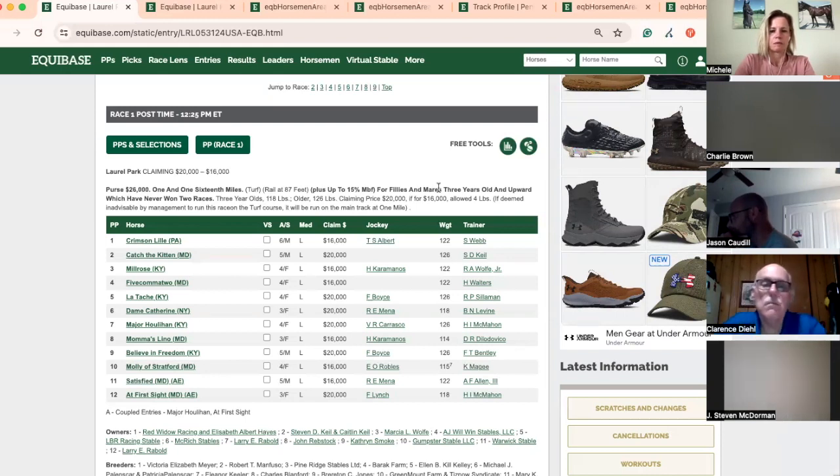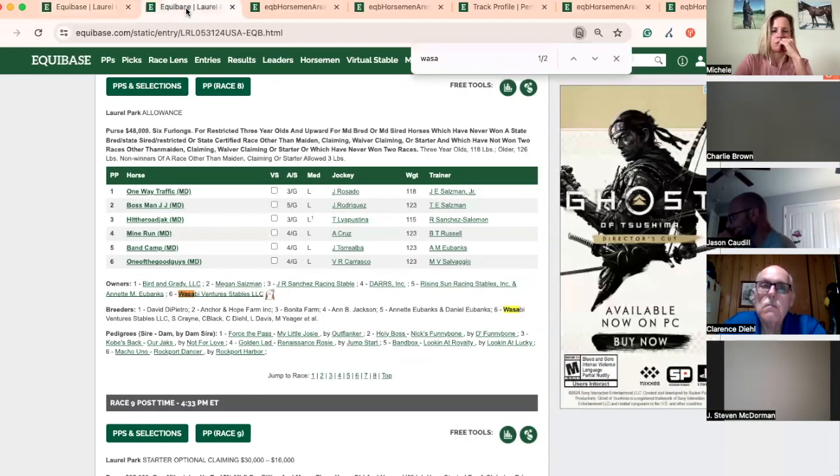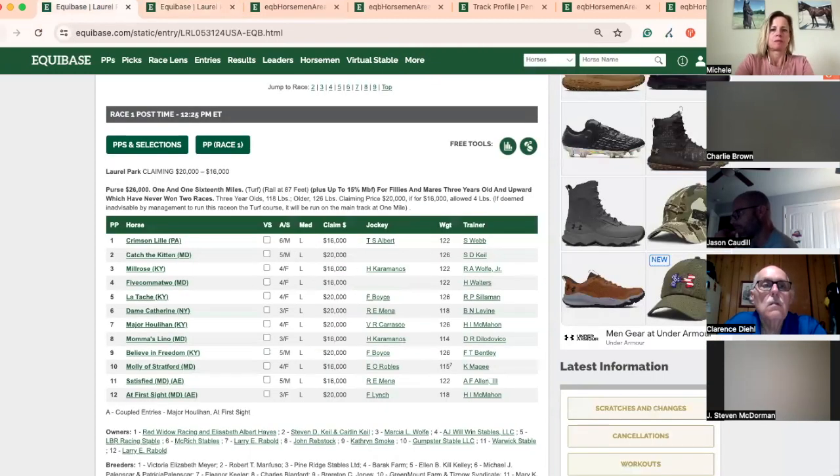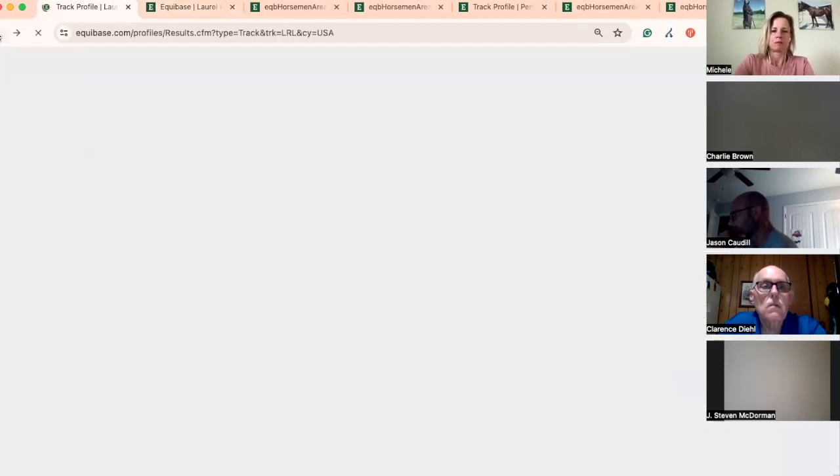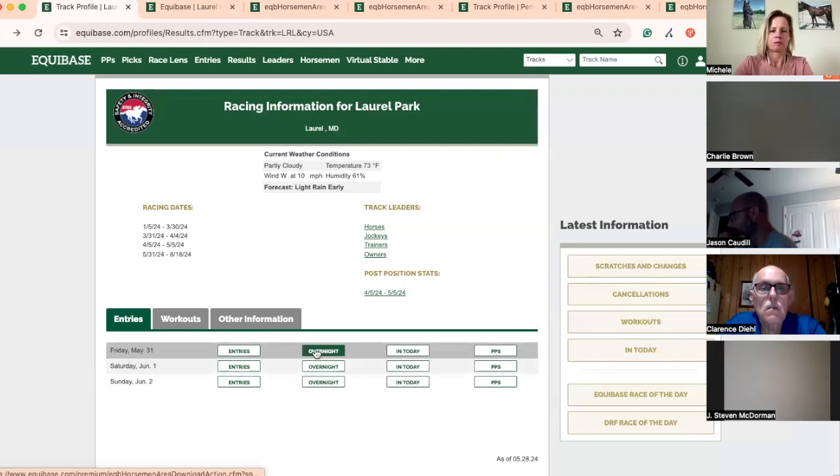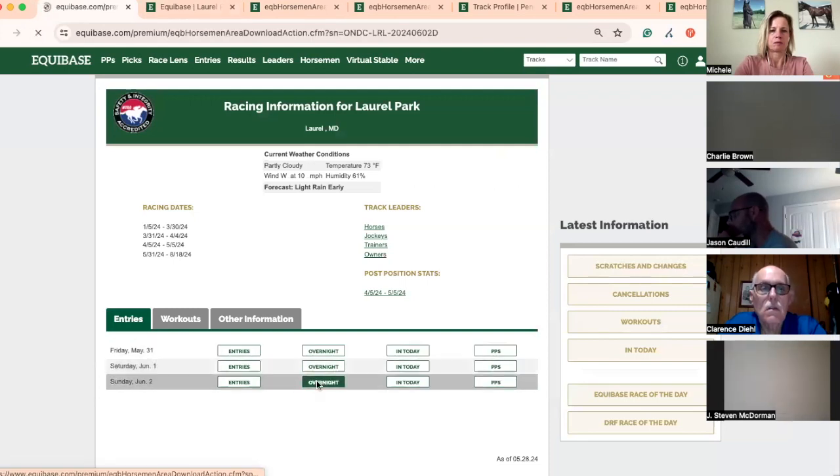Gary Quill asked, how far in advance are the overnight races posted ahead of the entry deadline? Super question, Mr. Gary. Usually, when the entries come out for a race, let's say Sunday's race, when they publish that overnight, I'm just going to go back and look at the latest Sunday's overnight real quick.